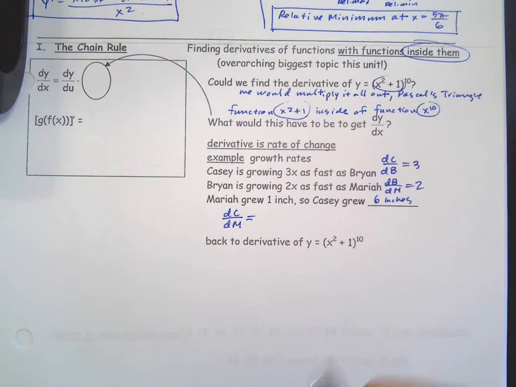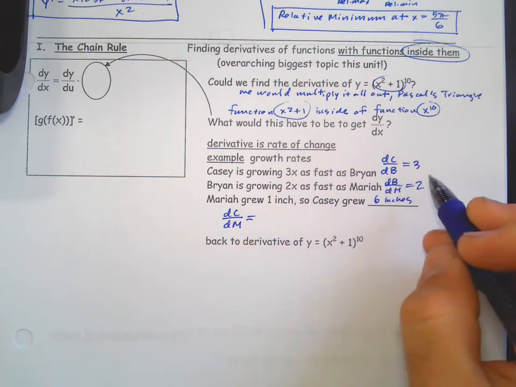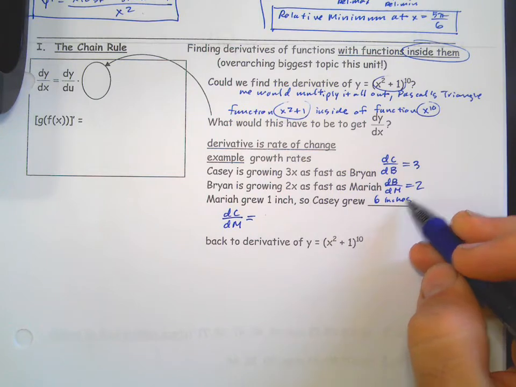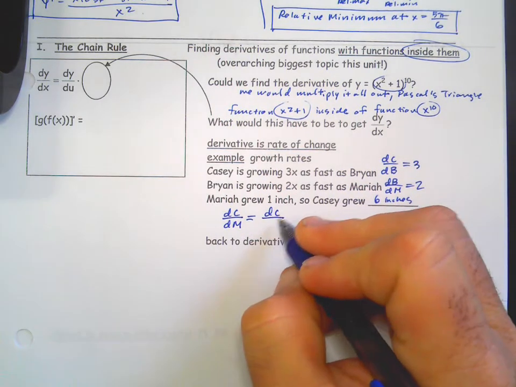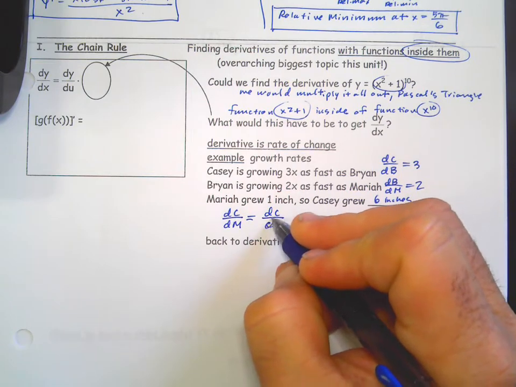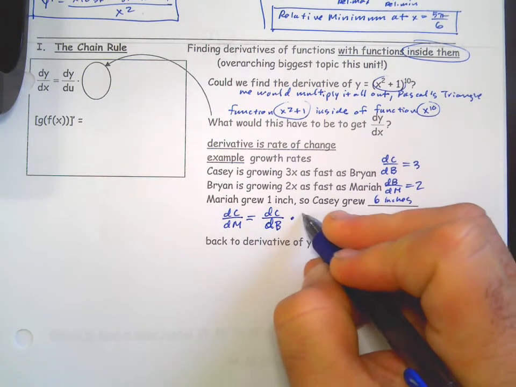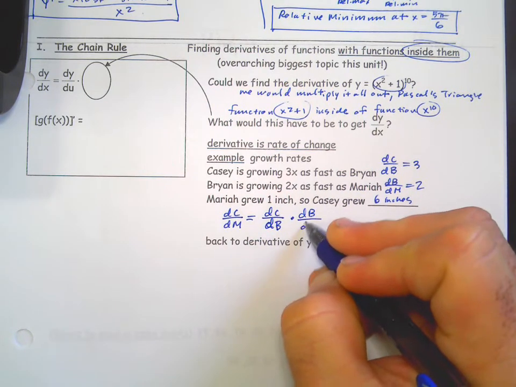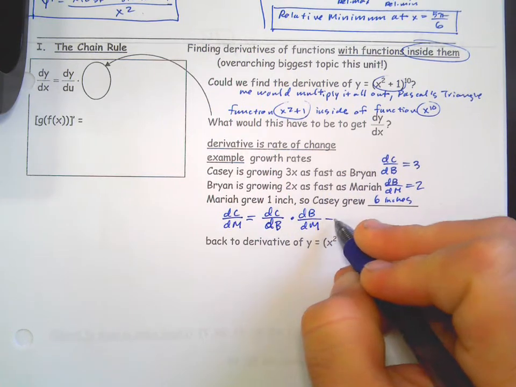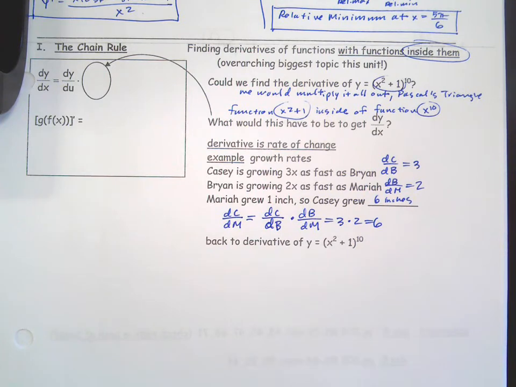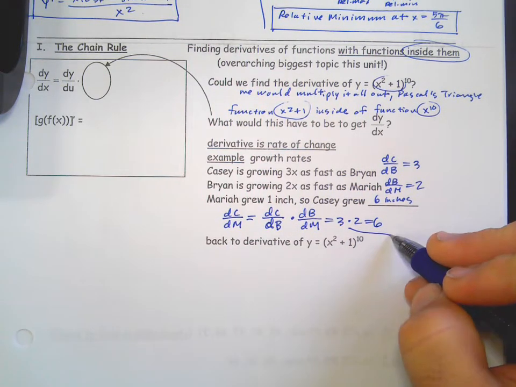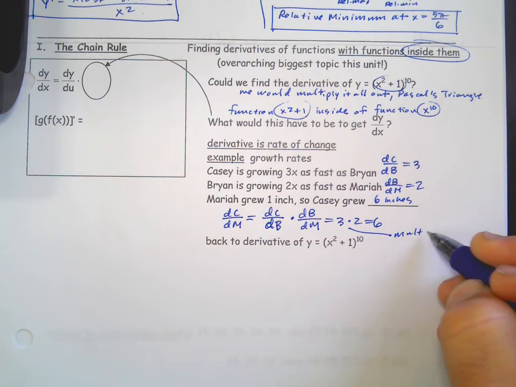But check this out. You somehow figured out 6, right? How do you get that? That's 3 times 2. So let's think of it with these symbols: dc db times db dm gives us 3 times 2, which is 6, and that's the answer, right? So we multiplied these rates.